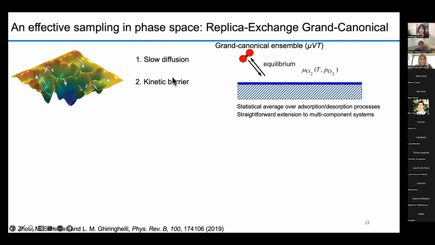When considering the surface in contact with a liquid or gas phase, the stable surface structure is a statistical average over the adsorption or desorption processes, the exchange of the species with the reservoirs, no matter whether the reservoir is gas or liquid. And we think the grand-canonical ensemble is also a natural choice to describe this system.